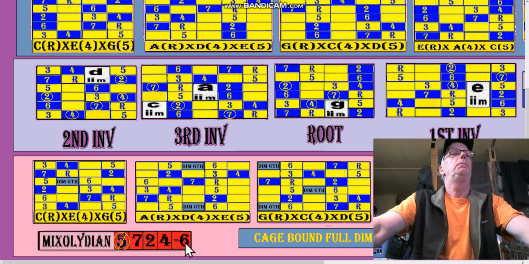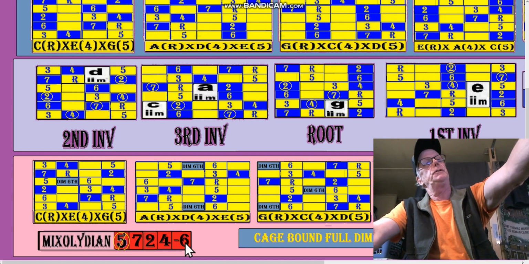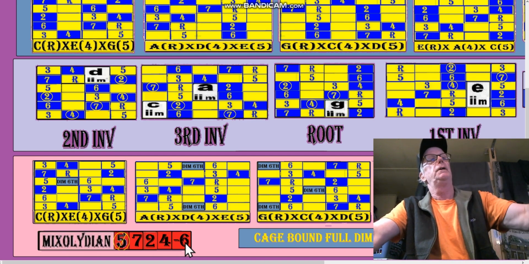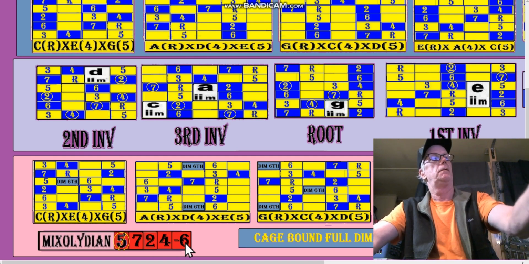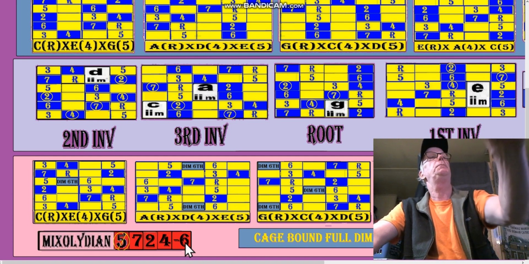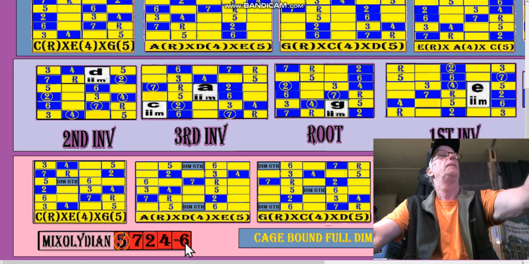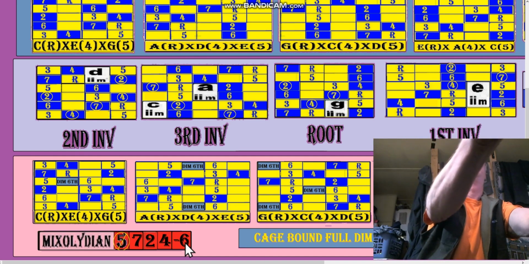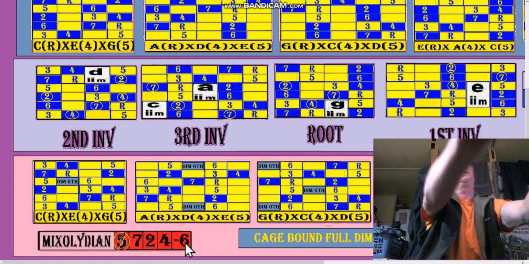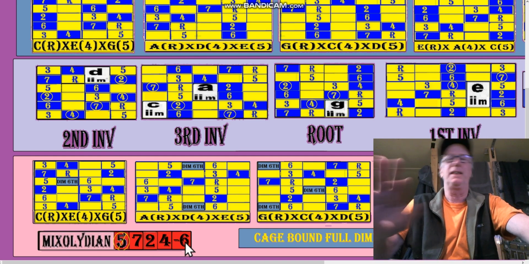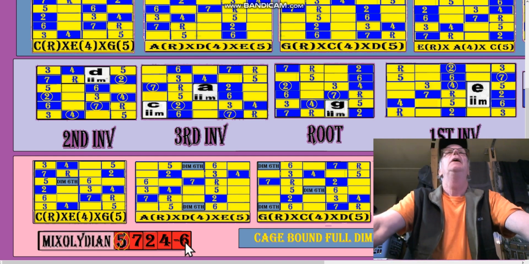The point is, if you want the diminished that you substitute for the fifth, it's going to be the 7th diminished. It's really weird. It's kind of like a jazzy thing. It's kind of like it teases you. So where is that diminished? This is where it is.